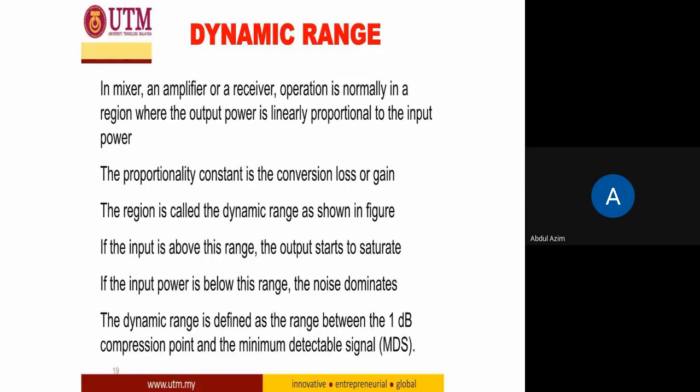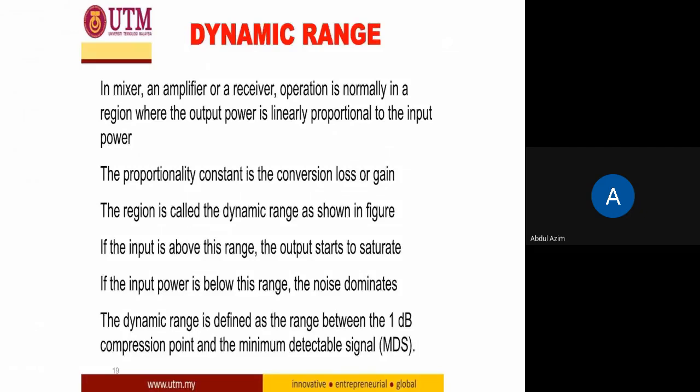You have learned about voltage and current maybe in the first year in the electronic subject. Normally these components work in the linear region, but some may operate in the non-linear region.